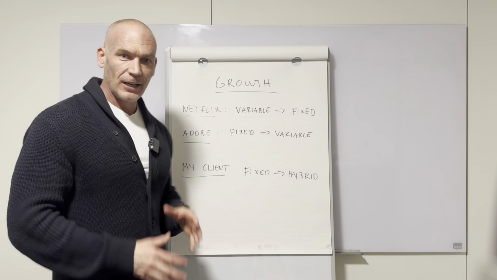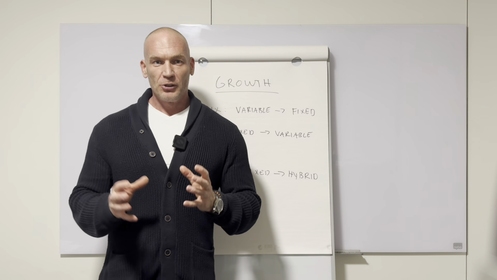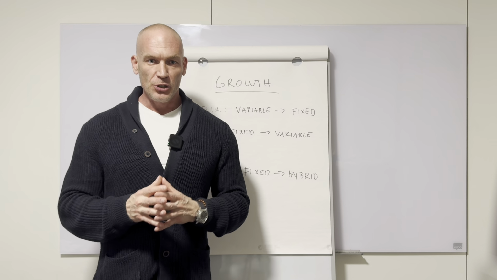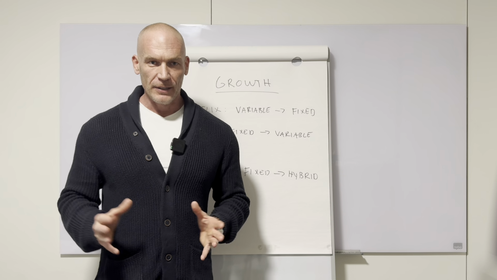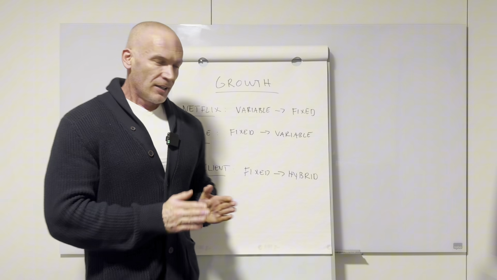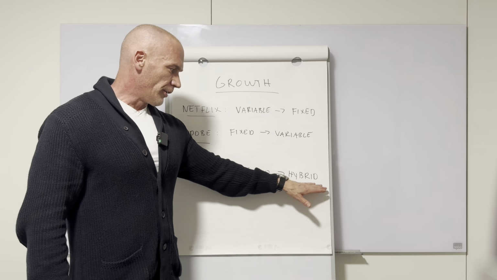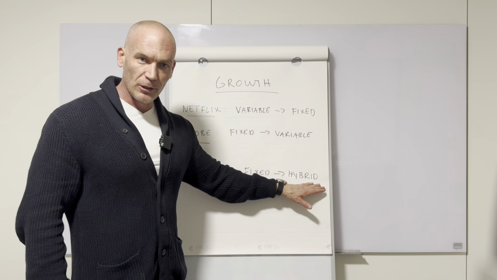My client, I work with this SaaS company, software as a service company, that has this unique product in the marketplace. What I would argue is probably the best out there in their very small niche. The problem seems to be that all of their competitors are using a hybrid model.